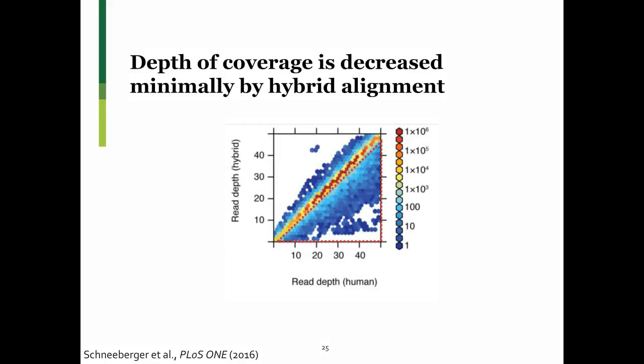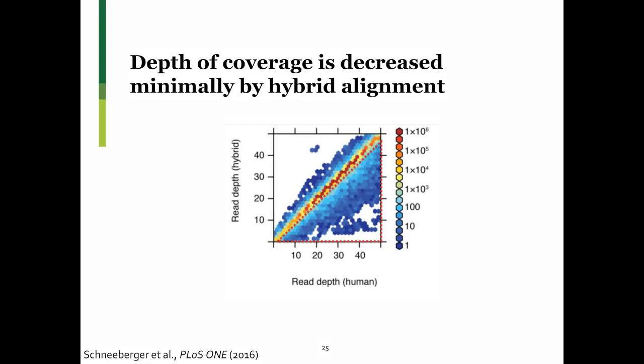And our conclusion from this was that while there's some loss of depth in certain loci, the loss of depth is not so great as to prevent accurate mutation calling, and we can still have greater than 98% of the bases in the genome callable, which is about the same fraction whether you're looking at a hybrid genome or looking at the human reference alone.